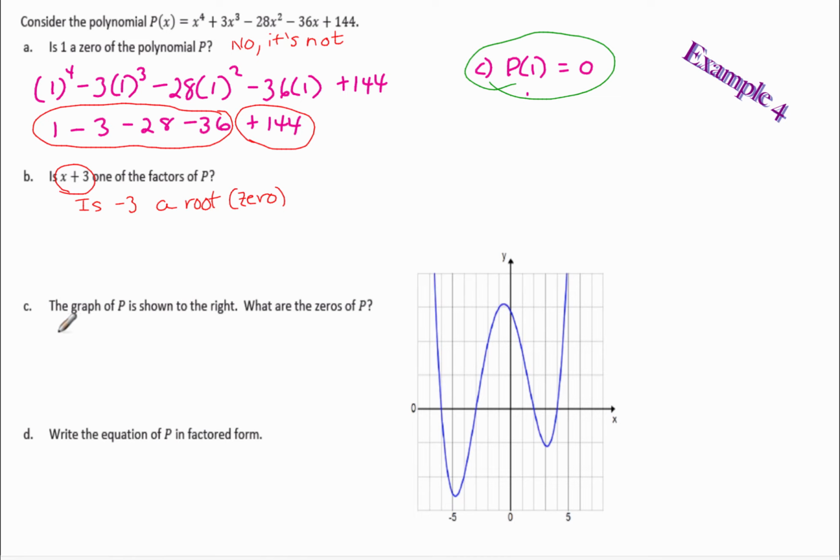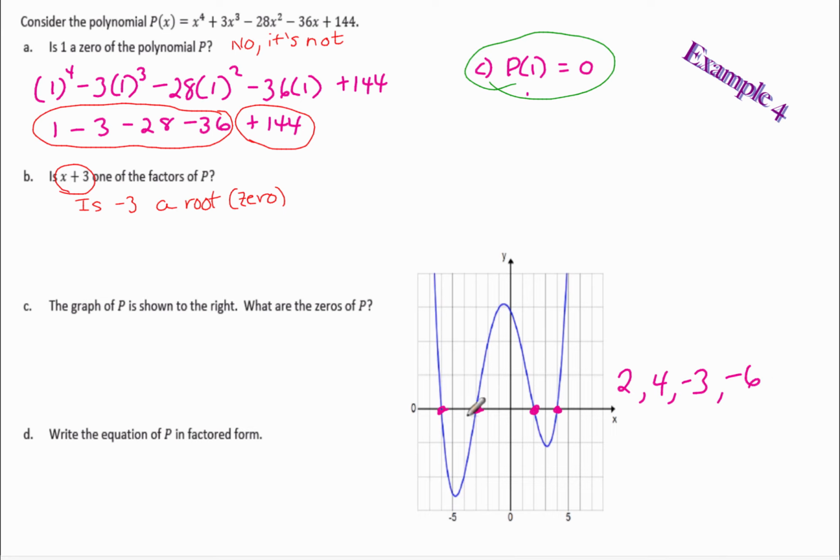And again, the graph of p is shown to the right. We're able to look at this, it looks very, very easy, and see that the roots are 2, 4, negative 3, which we already know, and negative 6.